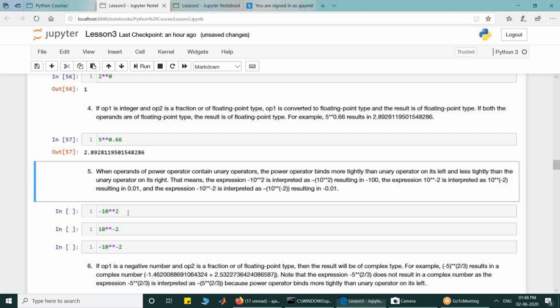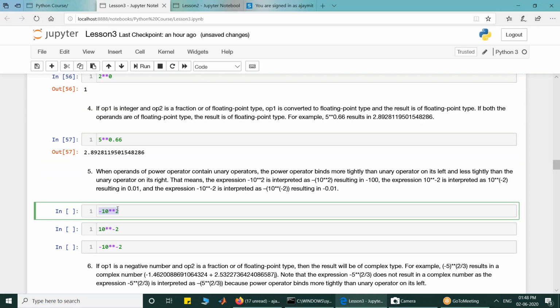Look at this expression, minus 10 raised to power 2. So this is unary minus. So power operator ties more tightly than unary operator on its left.